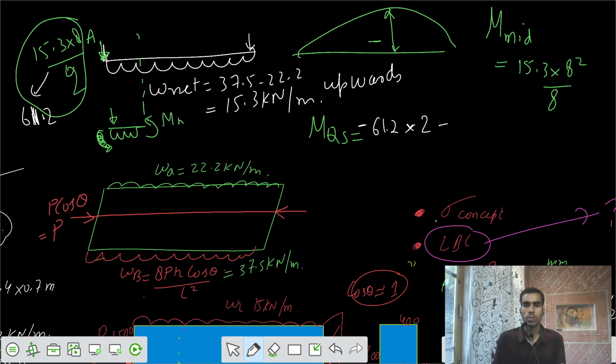Then we have plus this UDL, which is clockwise. That's 15.3 into 2 square by 2. So finally we can write it this way and solve that.